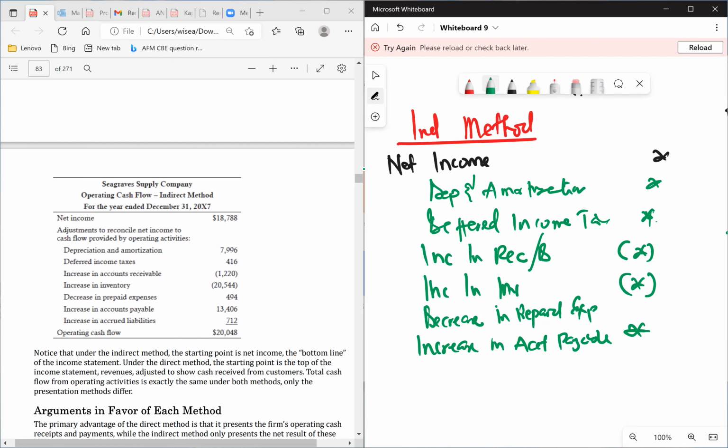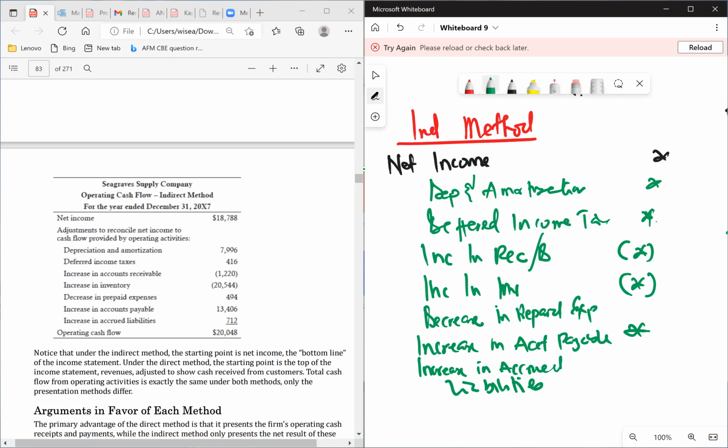Right? Increase in accrued liabilities. Accrued liabilities are liabilities that you have consumed the service, but you are yet to pay for them. For example, ECG, you have consumed ECG, but you haven't received the bill, so you haven't paid yet.